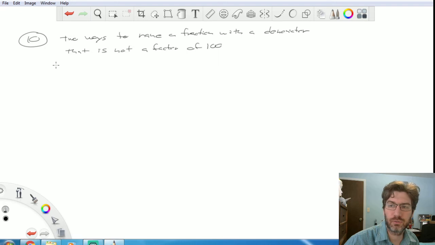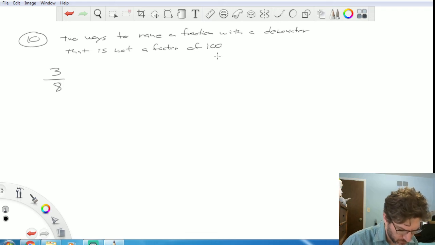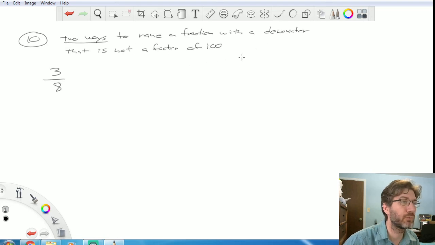So we can do 3/8. We haven't looked at 3/8 today, have we? Okay, so we want to rename this. There's 2 ways to do this, right? So the first way is as a decimal, and the second way is as a percent.